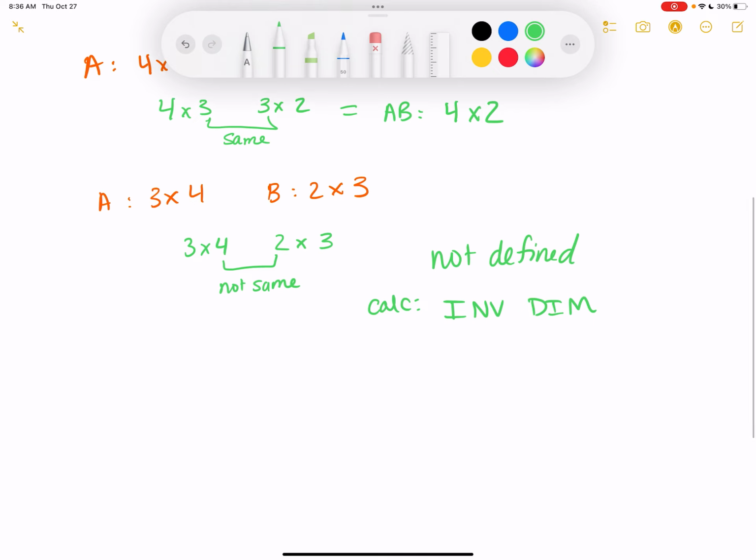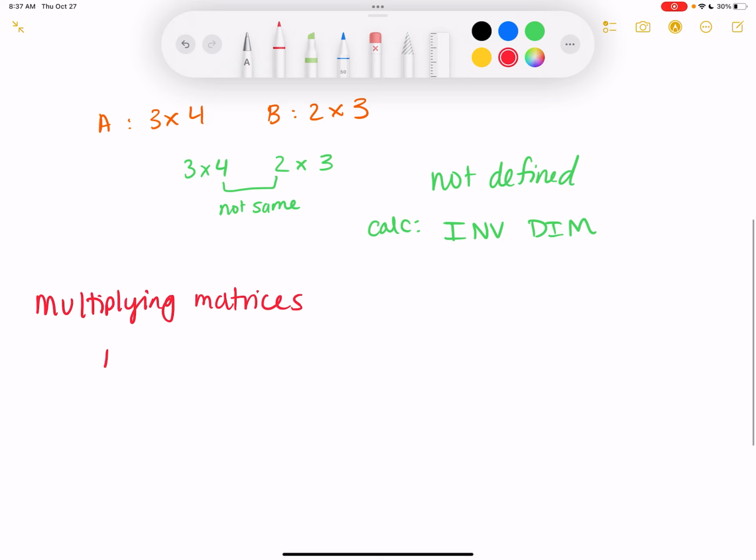All right, so the actual multiplication part of matrices is a little bit interesting. Once you know the pattern, it's not hard, but it takes a little bit initially. So we have matrix A and matrix B. They're both going to be 2 by 2.